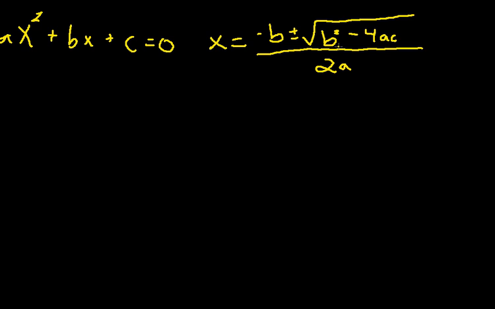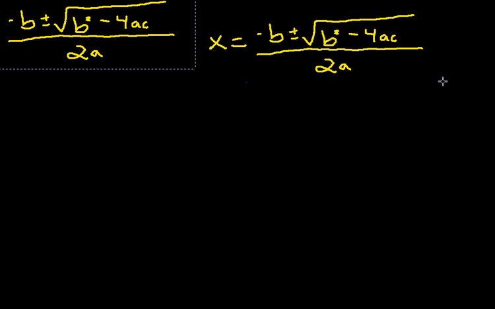Okay, so that means one of the roots has plus the square root of b squared minus 4ac, and the other has minus the square root of b squared minus 4ac. So let me do a little bit of copy pasting here.